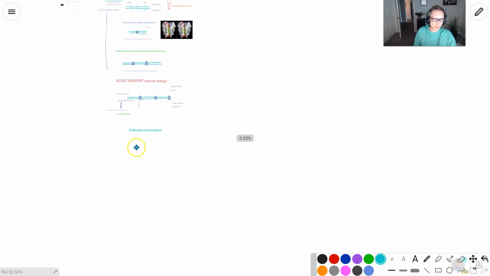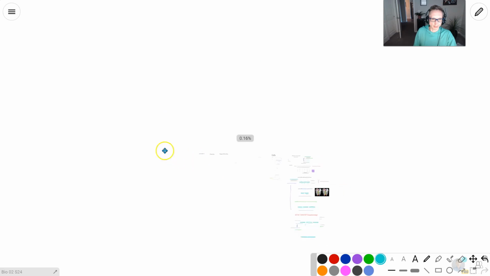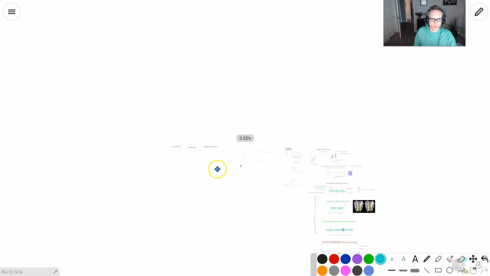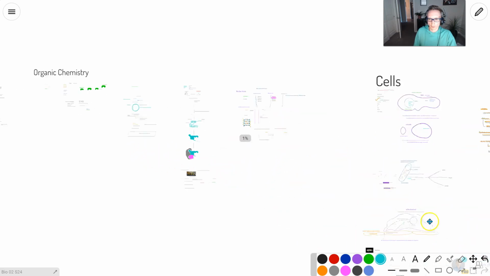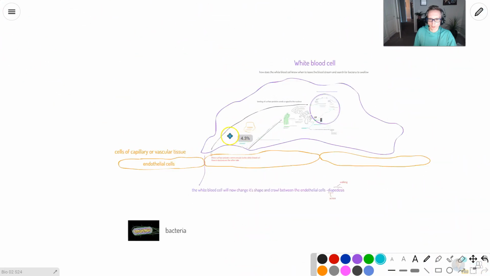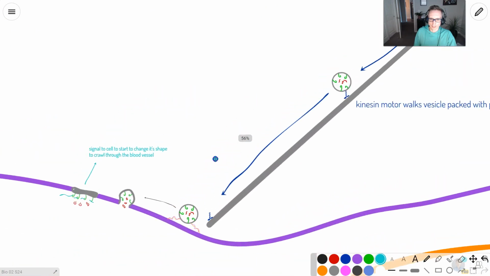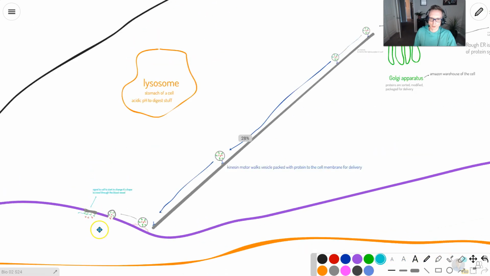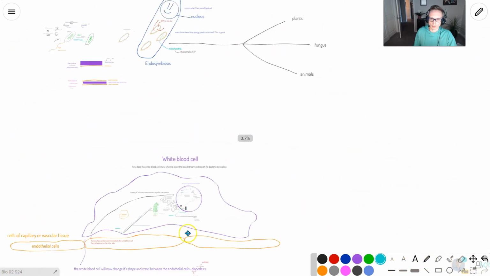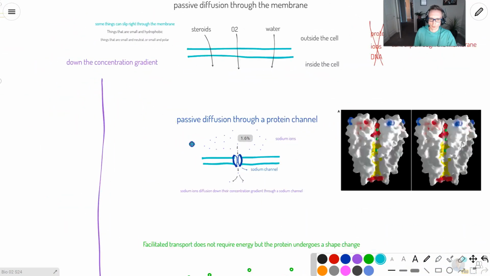If you remember, we actually 100% already talked about exocytosis. This is the idea of fusing a vesicle to the membrane, and then you could dump the contents out. Endocytosis is the exact opposite. So we'll draw those out.